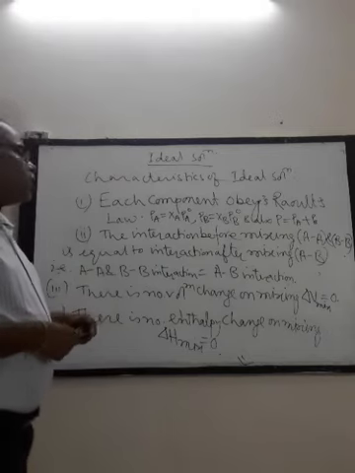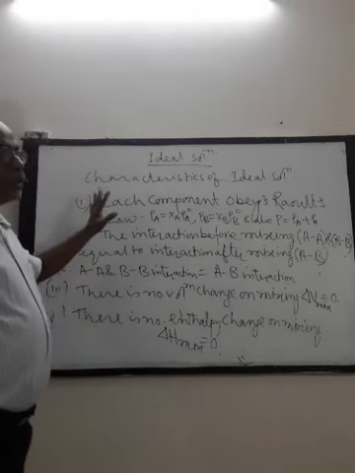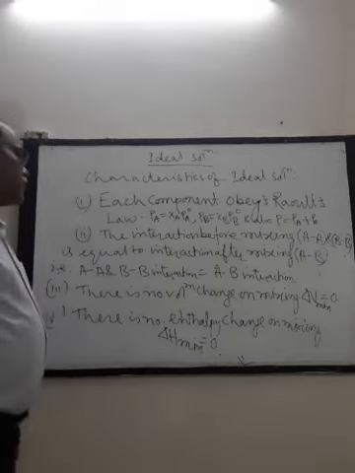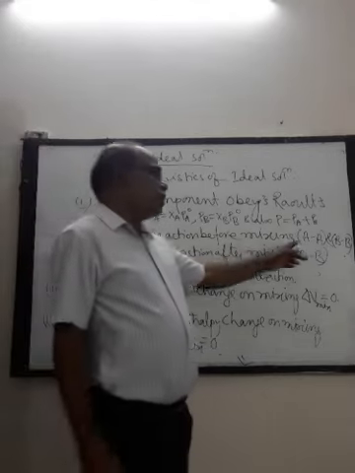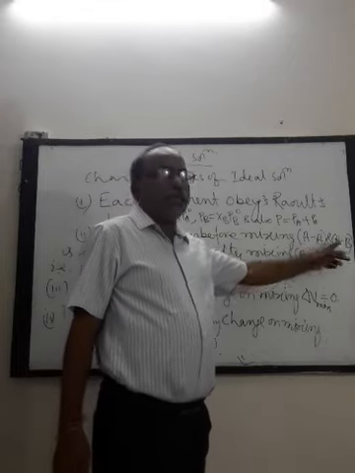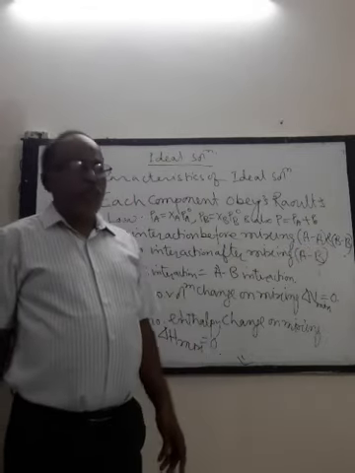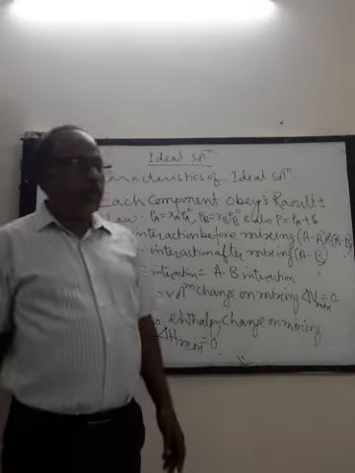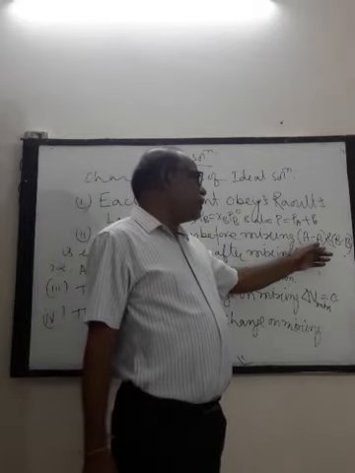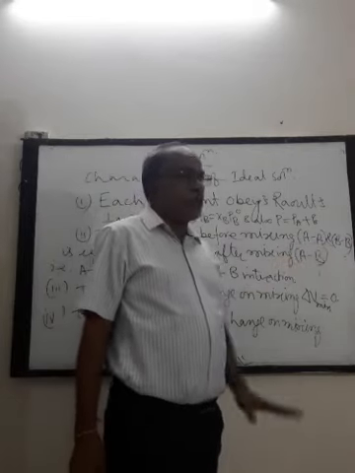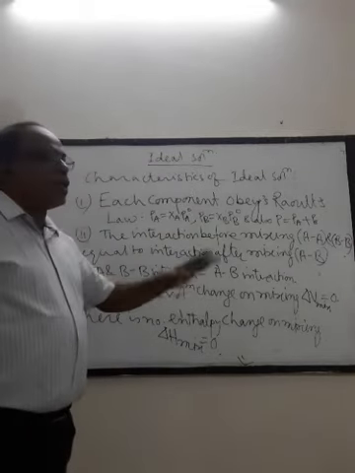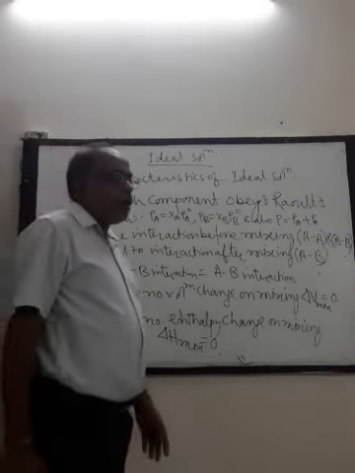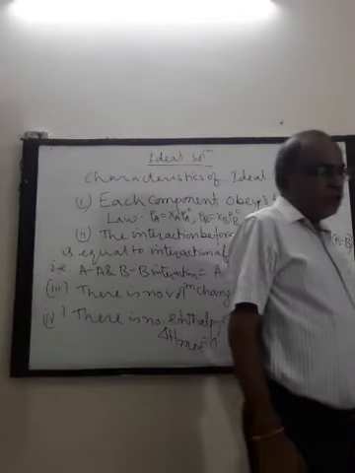So first condition, both the components obey Raoult's law. Second one, interaction before mixing. Say first liquid is A and second liquid is B, and after mixing we get AB. So before mixing A-A interaction and B-B interaction, and after mixing A-B interaction possess similar intermolecular forces.